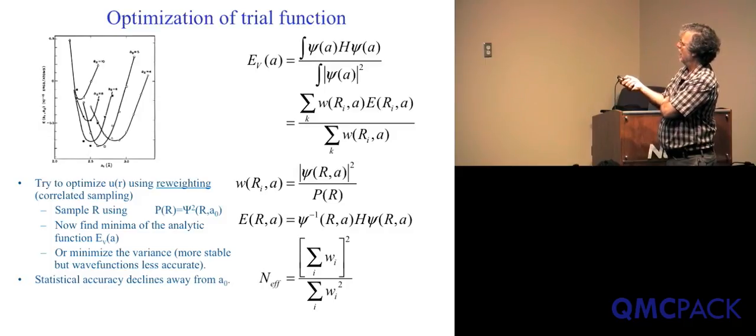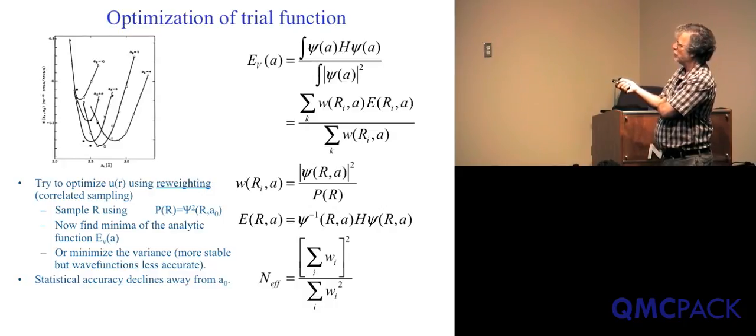Okay. Now, one thing you can do that is better is called a reweighting technique. You sample from some probability distribution for some parameter set A0.